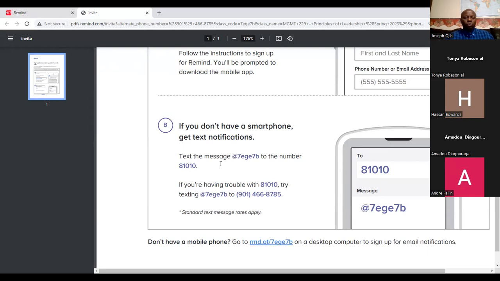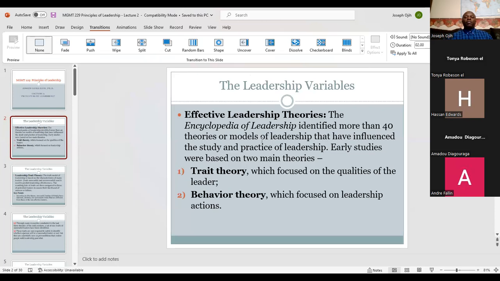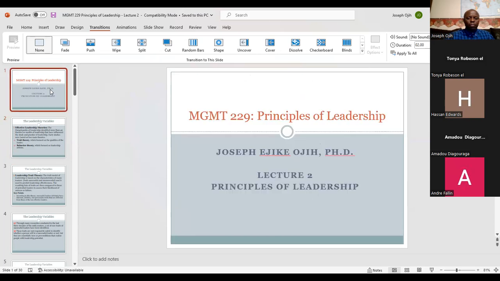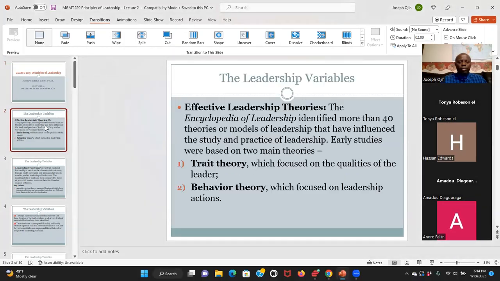So I've shown you what to do, the assignment that I need to be done, and then we'll start. The leadership variables. This is lecture 2. Make sure you're seeing all of this. Okay, leadership variables.